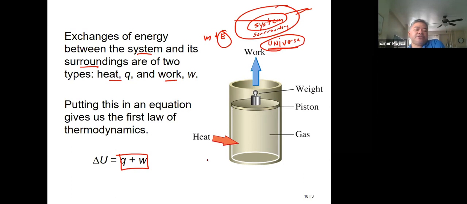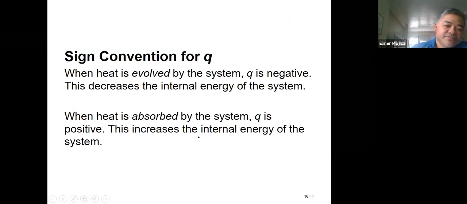So if you're going to look at the internal energy, it depends on two forms. You have the heat and you have the work. Okay, so when we're talking about work here, it's the one that deals with gases. Usually when we have heat, it has something to do with whether it goes inside or outside.